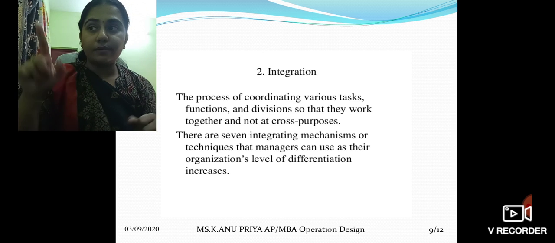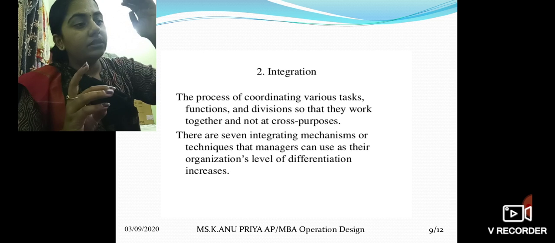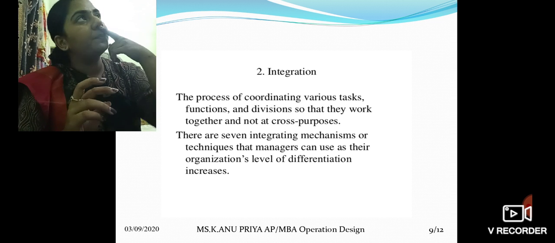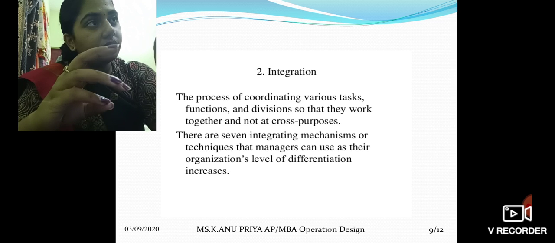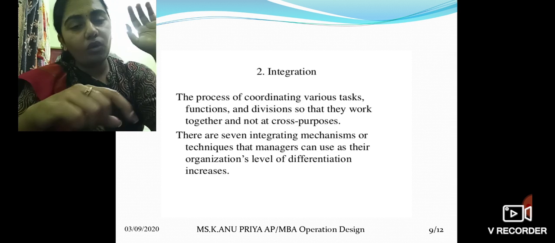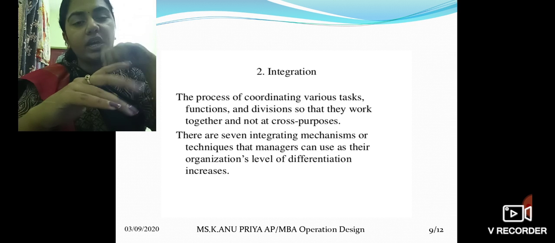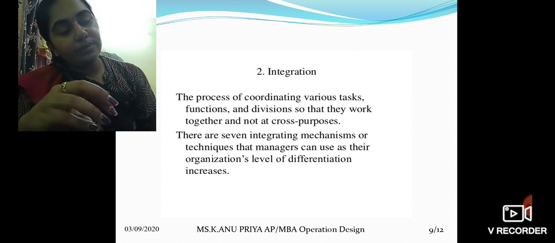Cross purpose is nothing but this: the manager should be under the general manager, and those two should be under the CEO or the top management. All the basic level will be the employees.